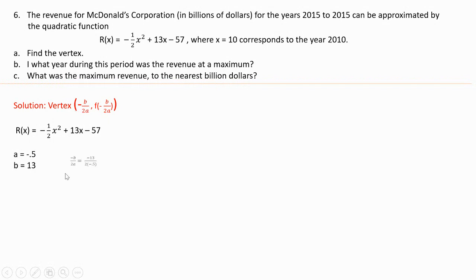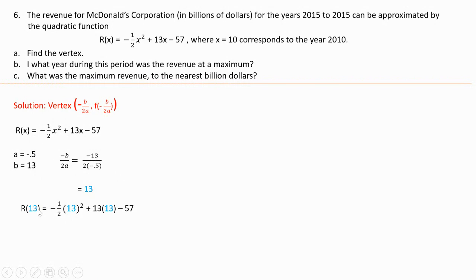So let's put into the formula, negative b over 2a will give us negative 13 over 2 times negative 0.5. This will give us 13, because 2 times negative 0.5 is negative 1, and negative divided by a negative will give us a positive. So the answer will be 13.